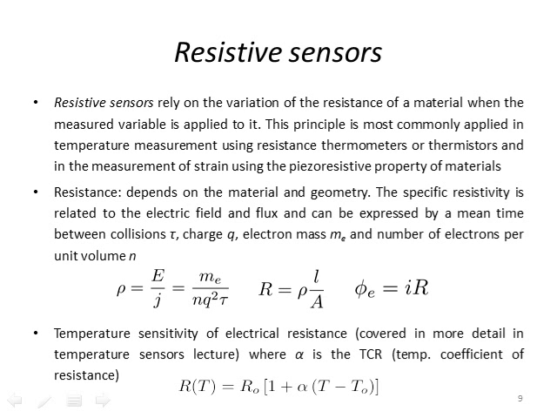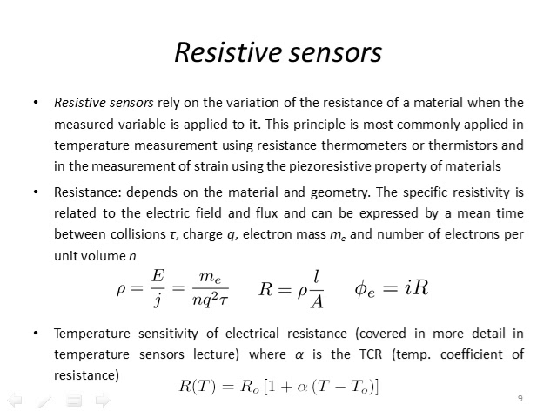Next, we have resistive sensors. These are electrical resistive sensors, and they rely on the resistance of a material when a measured variable is applied to it. These are most commonly applied in temperature sensors, using resistance thermometers or thermistors, or in the measurement of strain, using piezoresistive properties of materials.